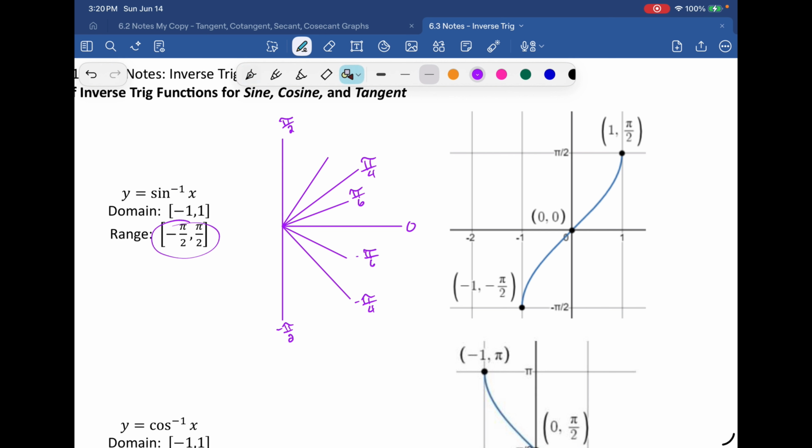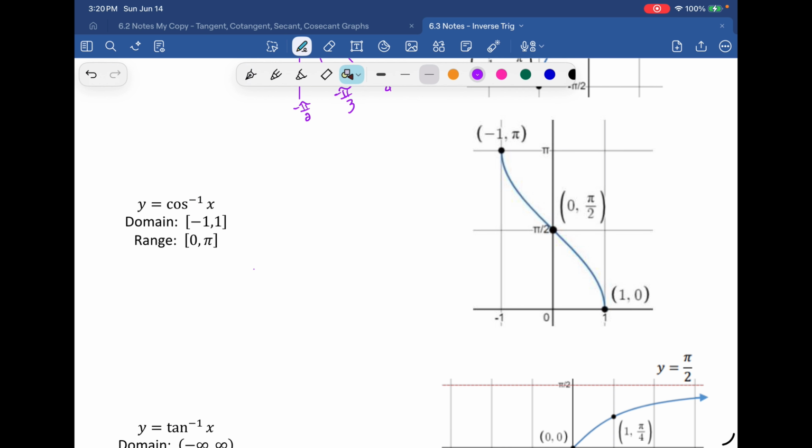Whereas with inverse cosine, I can see that the bottom starts at 0 and stops at pi. So consider the unit circle. That is the upper half of our unit circle, where we start at 0 and end at pi. We have pi over 2 in the middle.